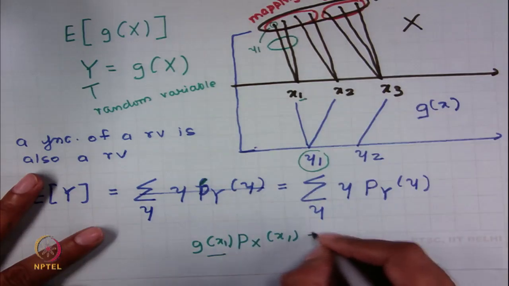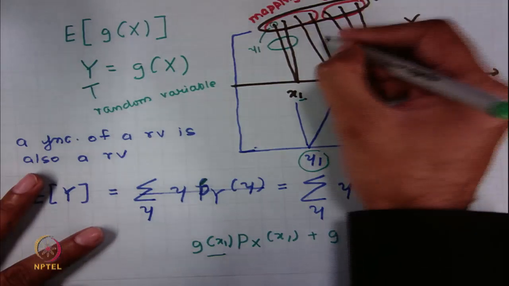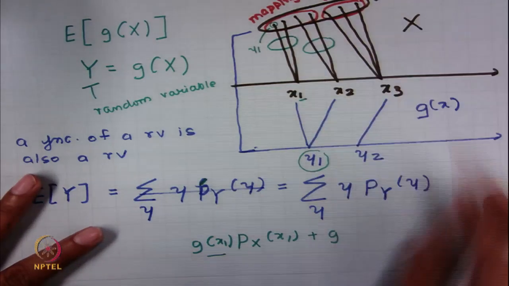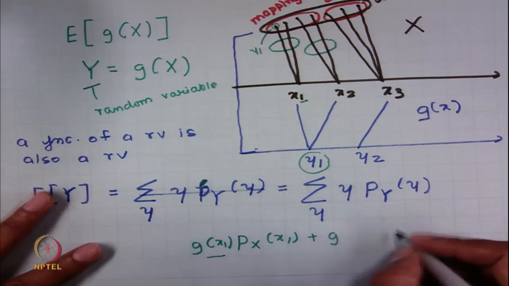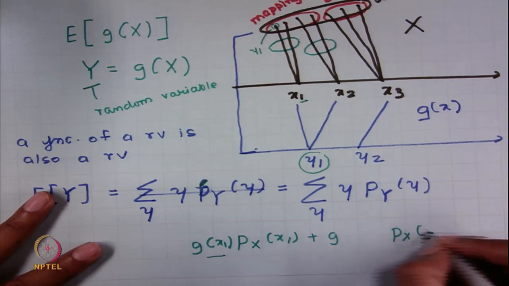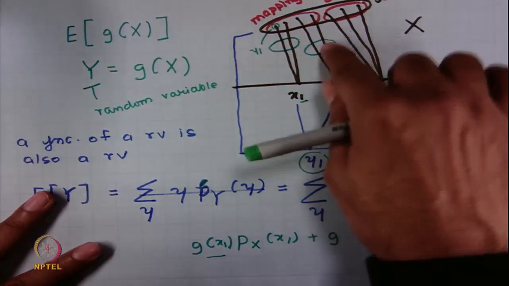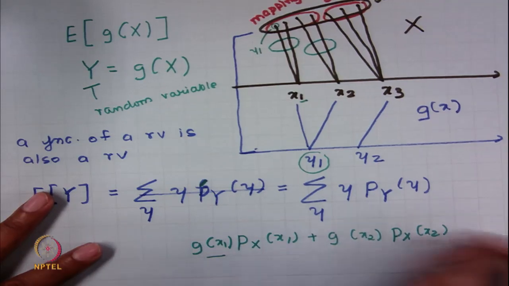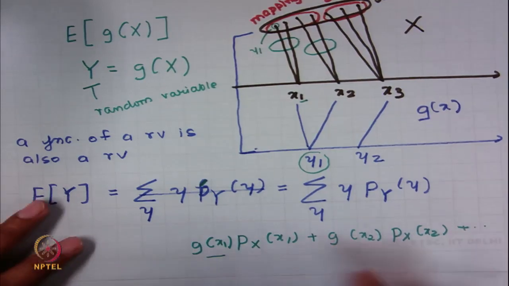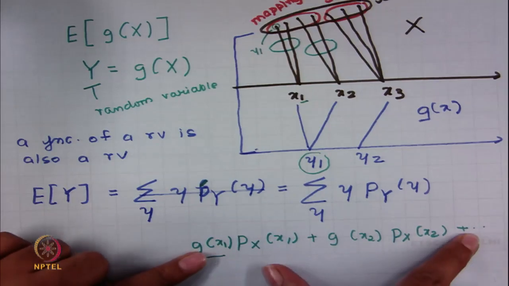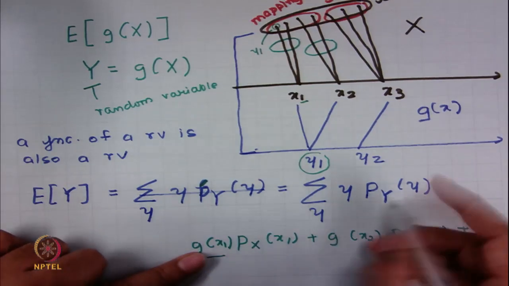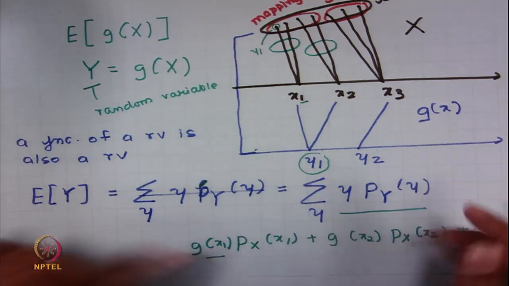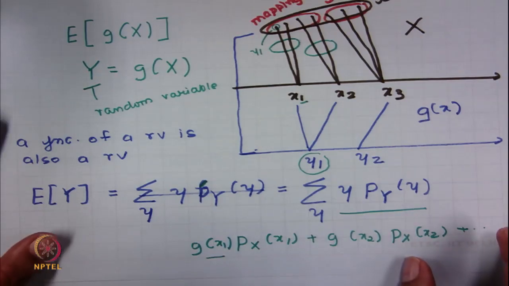Similarly, what is the probability with which this item happens? This item happens with a probability of p X of x2, and when this happens it takes the value g of x2, and so on and so forth. So, this will give you the same average as this expression. It is one and the same thing, only the interpretation is different.